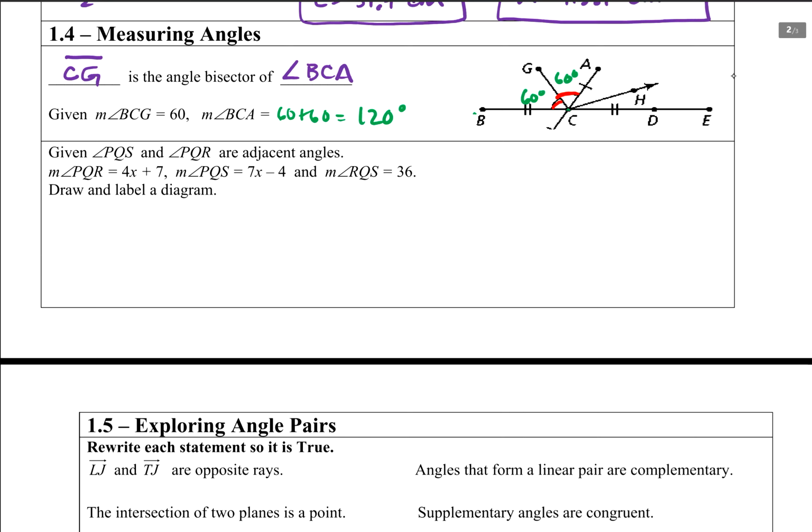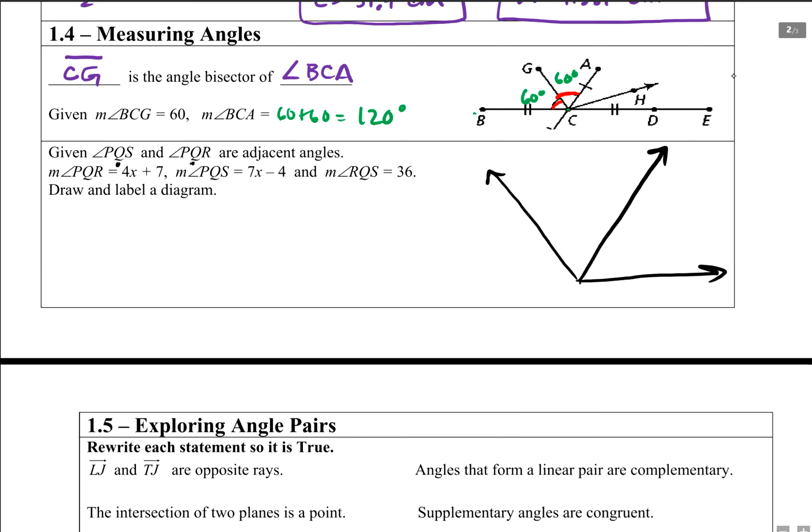All right, what's next? Given angle PQS and PQR are adjacent angles. All right, looks like I'm going to have to draw something. So I need to draw some adjacent angles. So I usually draw them big enough that I have some space to work in them. Okay, now we need to label these. So what is common?